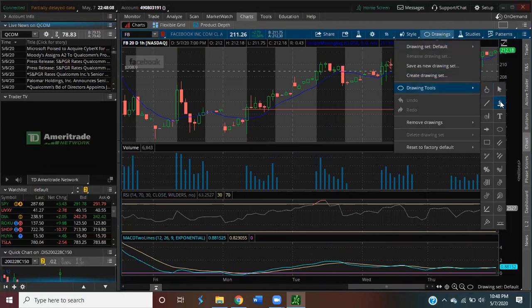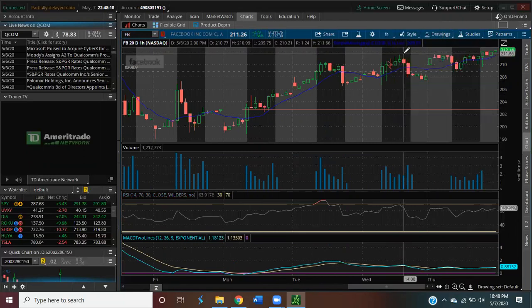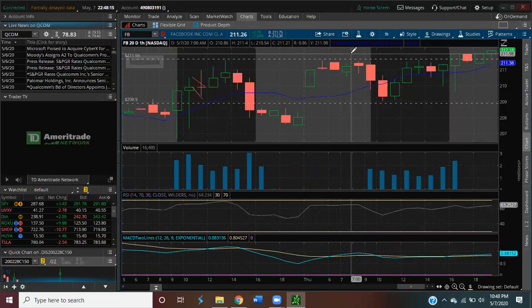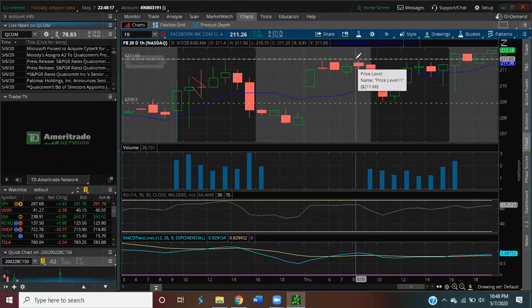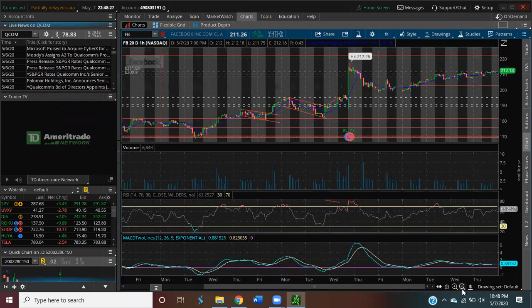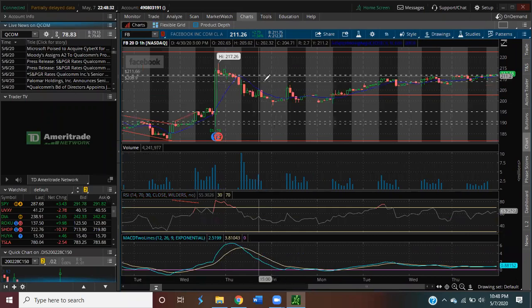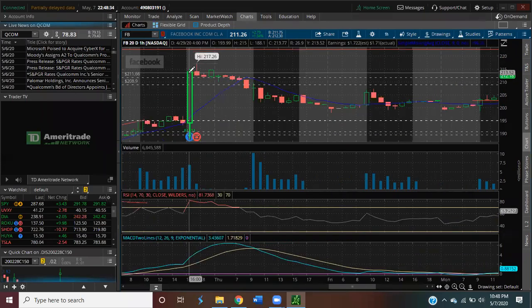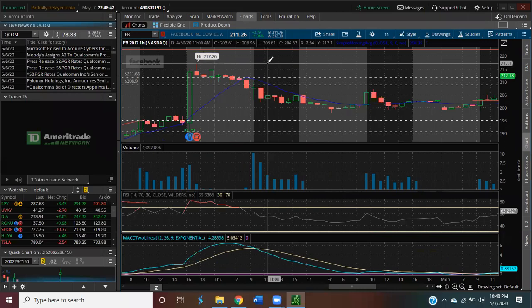Y'all see where Facebook was struggling right here. A lot of times the past couple of days, Facebook could not get above 211.65. So if we look above 211.65, where's the next resistance? It's really not any resistance until this high point of 217.